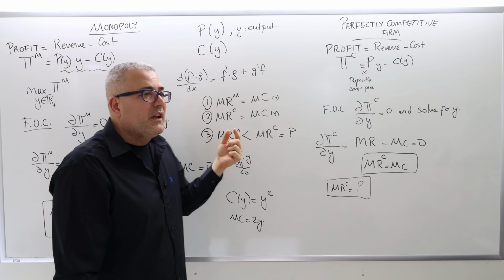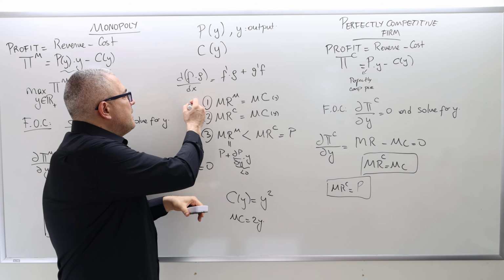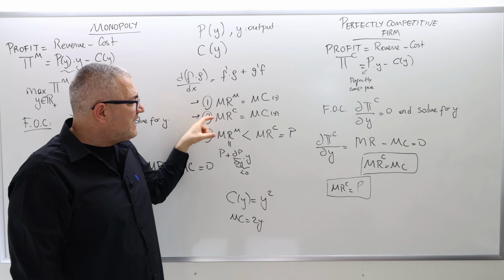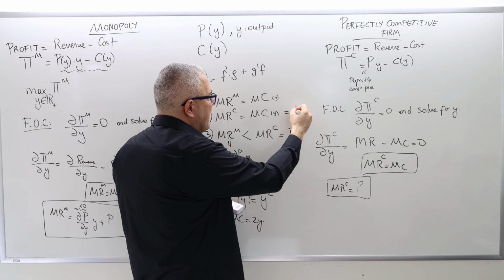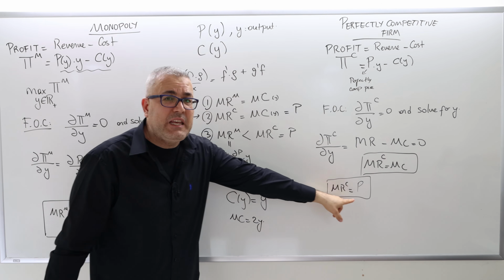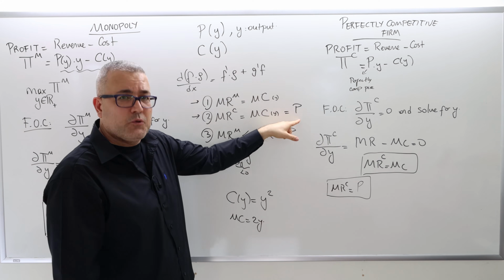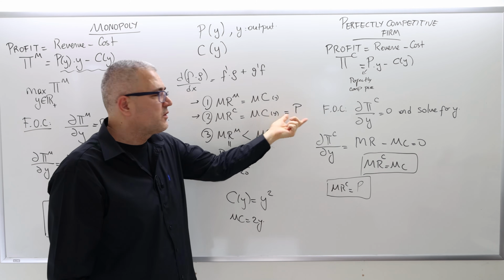But the thing is, here we have an additional constraint that it is also equal to P. So MRC is also equal to P, and hence marginal cost is equal to P.